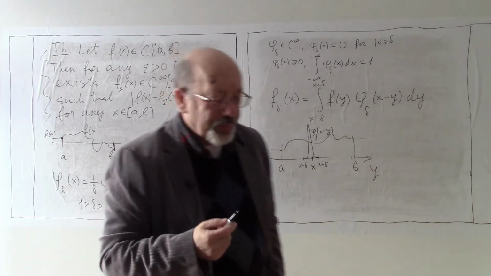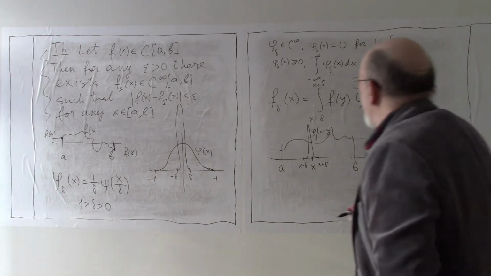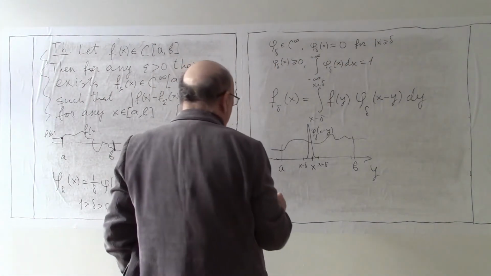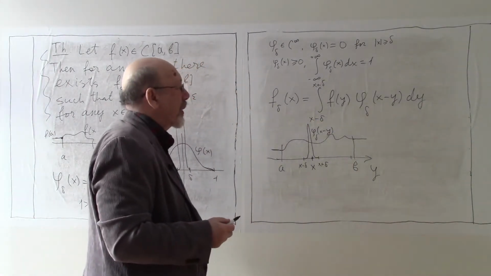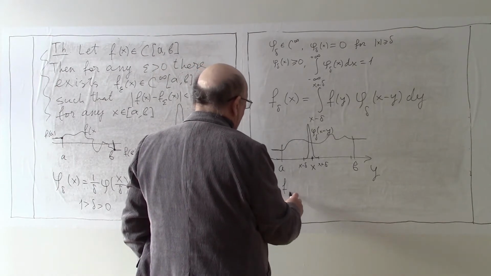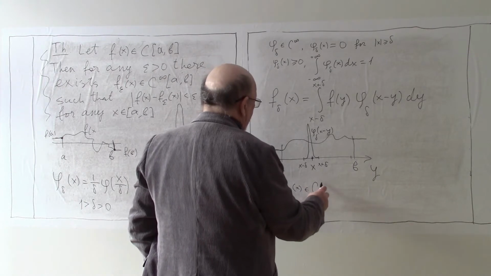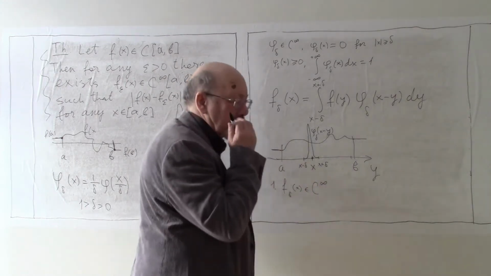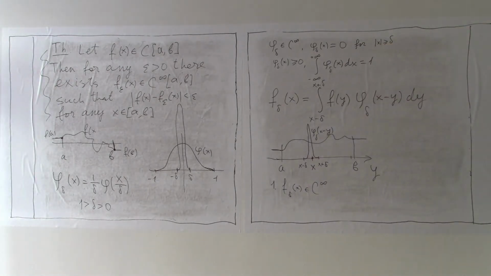Okay, so we have to prove two things. We have to prove that this function, first, f delta of x is in C infinity as a function of x.